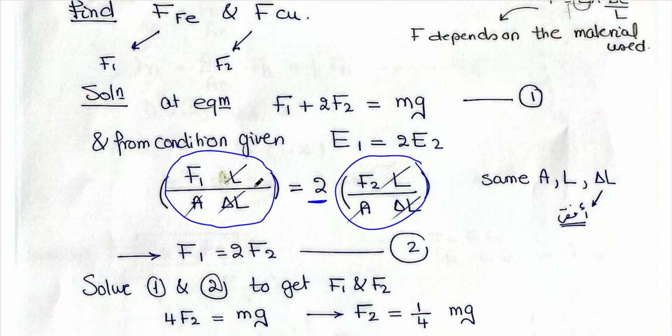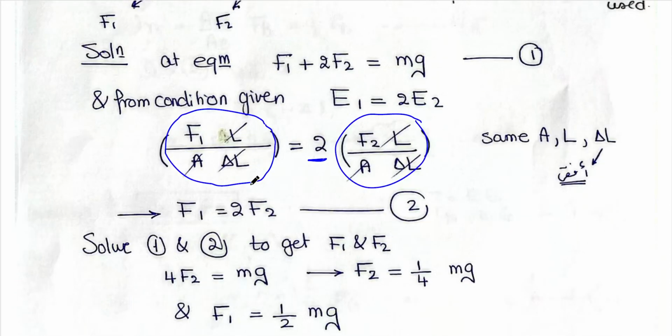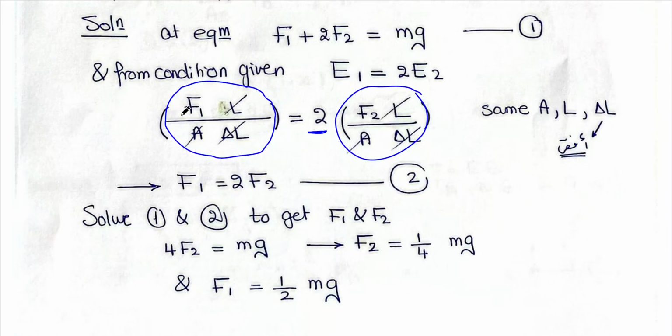Okay, what can we simplify from this equation? Same initial length, same area, same elongation, because he said it's horizontal, so same elongation. We can remove all this from the equation, and it is simplified to F1 equals 2 F2.